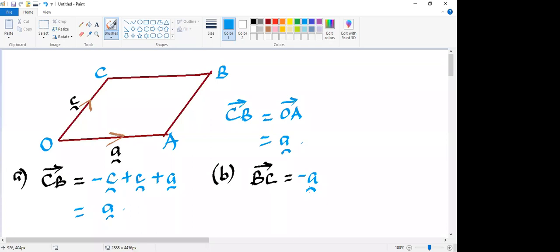You can also pick it from here: CB and then BC. BC is just moving backwards from B to C. So if CB is A, it is clear from there that BC is the negative of that one.